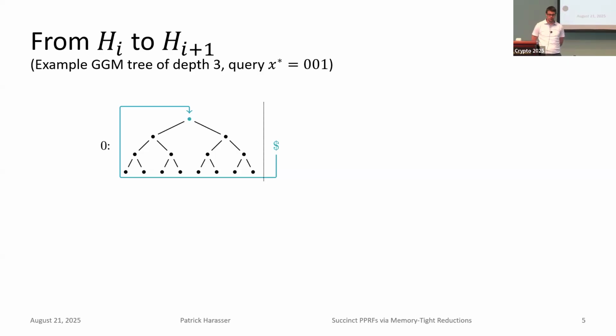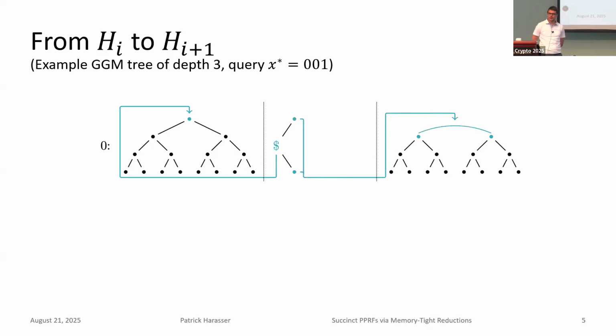So the zeroth hybrid answers as the real construction. And this hybrid has 2 functionally equivalent representations. One is the one that you see here with the root key hard-coded. The other one uses pre-computed PRG values and has the first layer of the tree hard-coded, and then looks at the first bit of the input and accordingly picks the subtree from where to continue the computation.